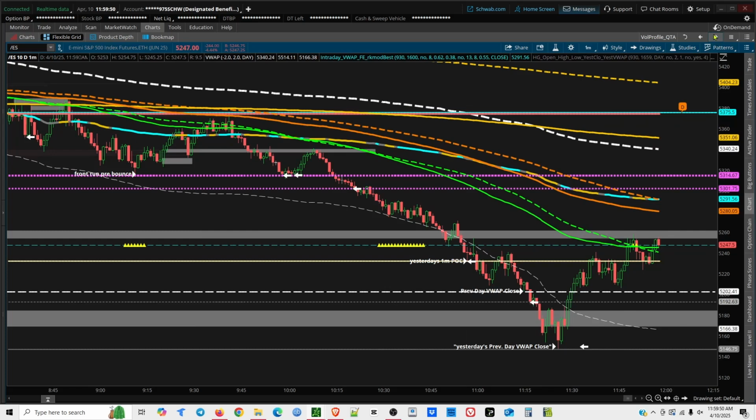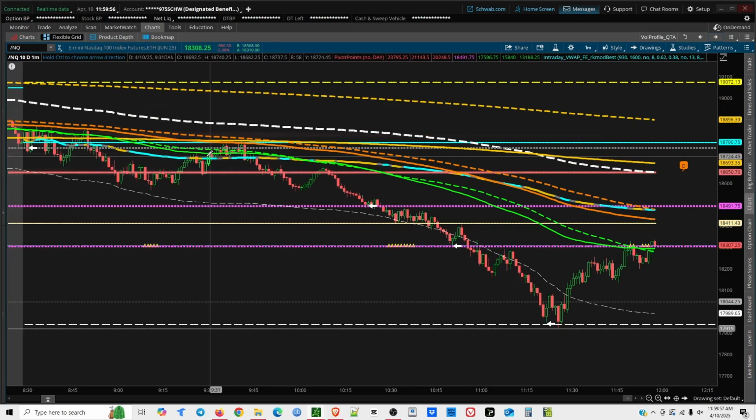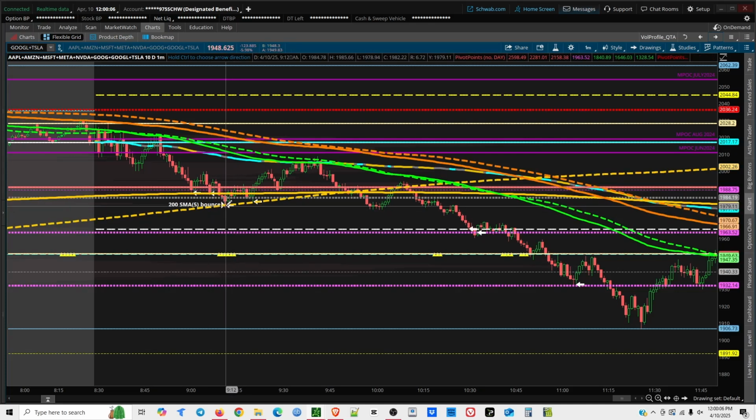And see if we can find support there as well. NQ, no support. The composite, on the other hand, had a perfect 200 SMA on the 5-minute chart bounce. Perfect. And that's a very strong indication for a bounce.